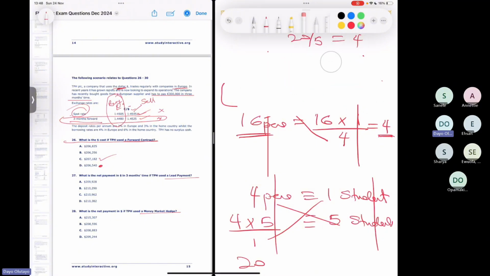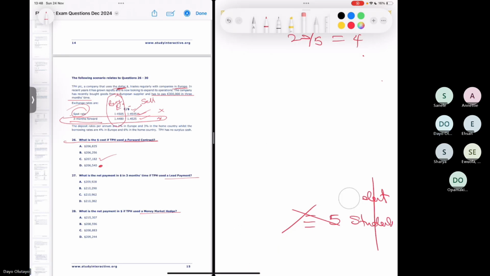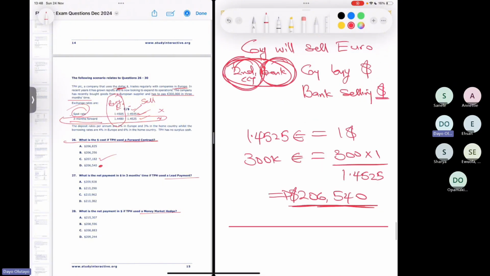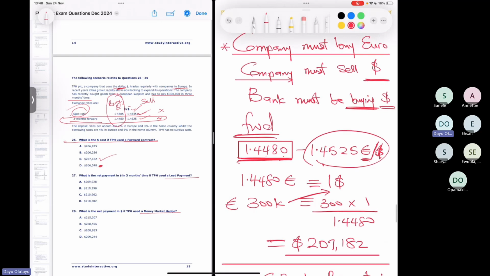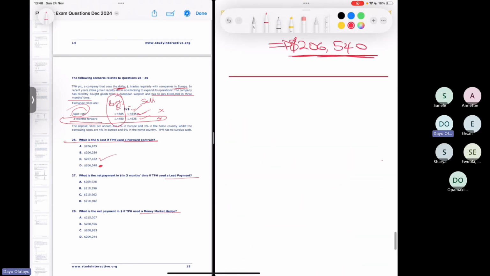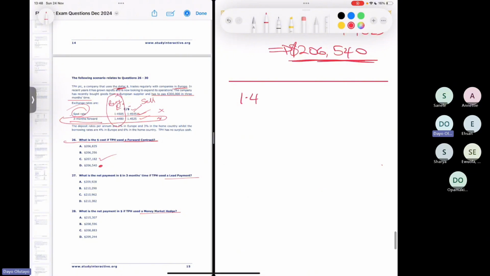Just put out the codes and see it the same way as what we've done. We know the code already. Immediately we know the code that is 1.448, we're going to use this one. And this is the currency. So next is just to say, 1.4480 euro is equivalent to $1.